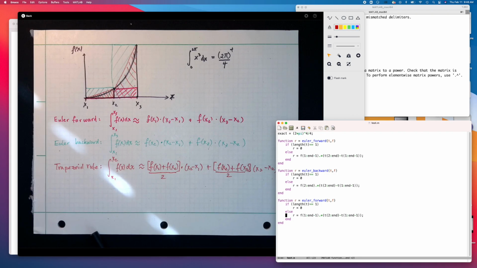So over here, this will be 0.5 times f of 1 to n minus 1 plus f of 2 to n, like that. And of course I have to do the sums, right? They're all integrals. So here I should sum all this, and here also. And finally the last one.